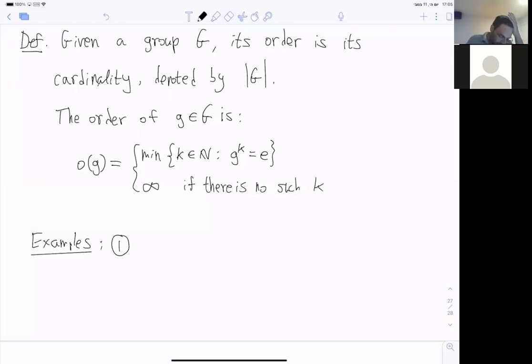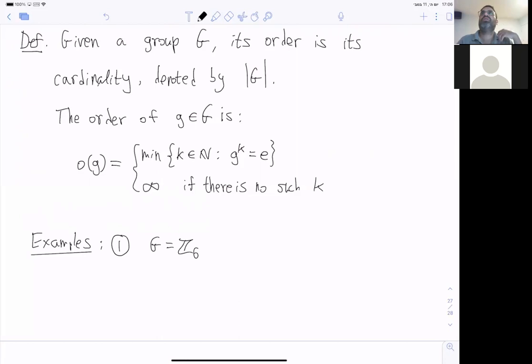Say G is Z6. Okay, so if I'm writing just Z6, I mean with the operation of plus modulo 6. Yeah, I just said that RL asked a question in the chat.